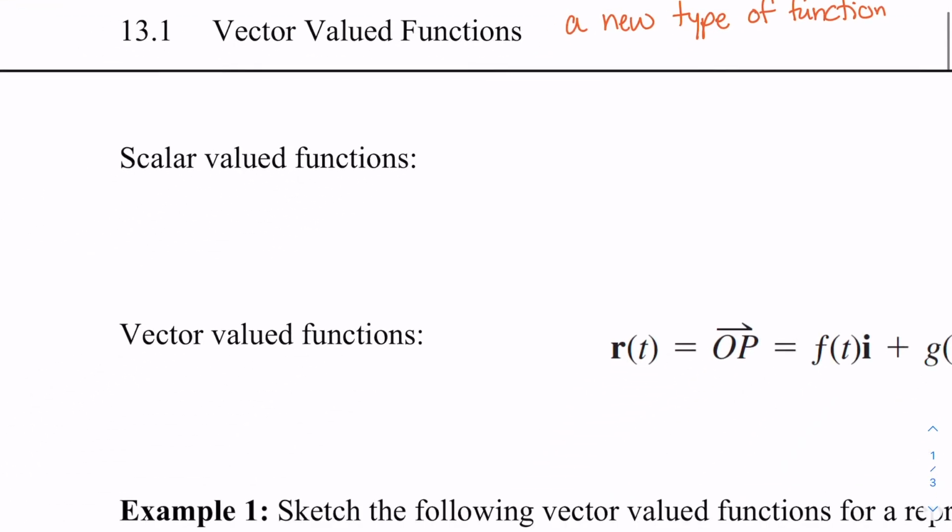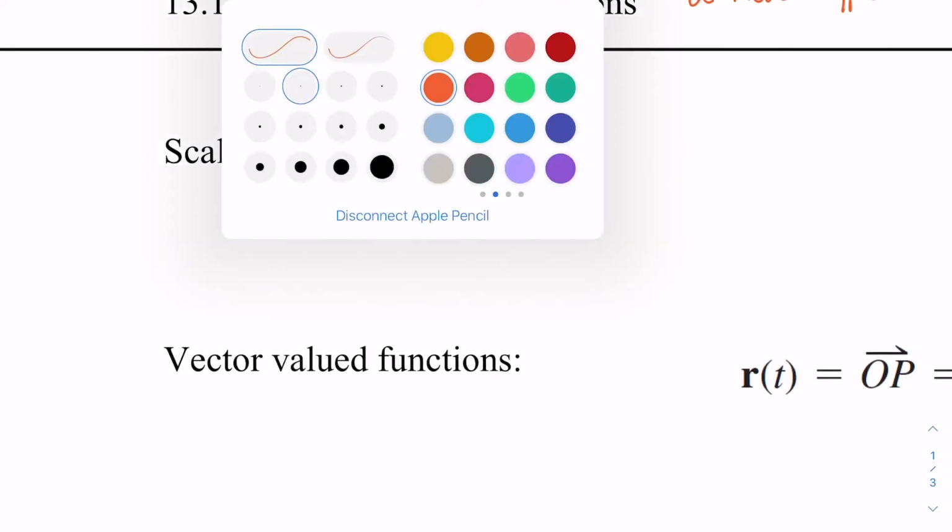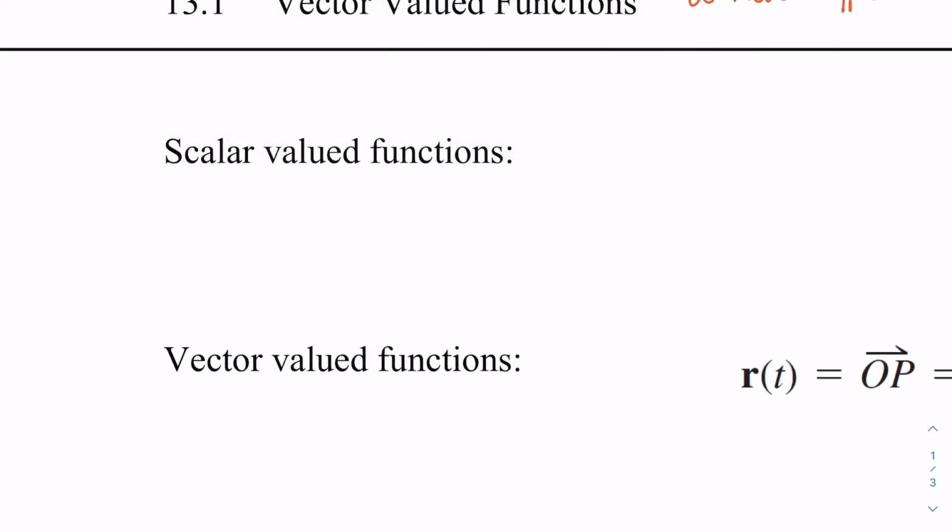And typically what you're used to is what's called a scalar valued function. So the outputs are scalars. For example, you might have f of x is equal to x squared.